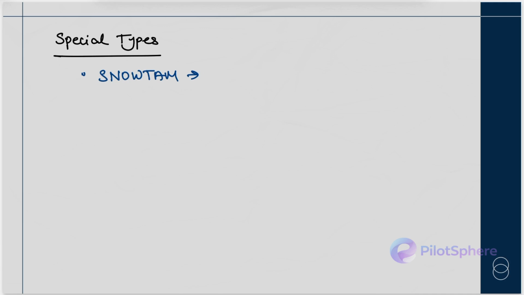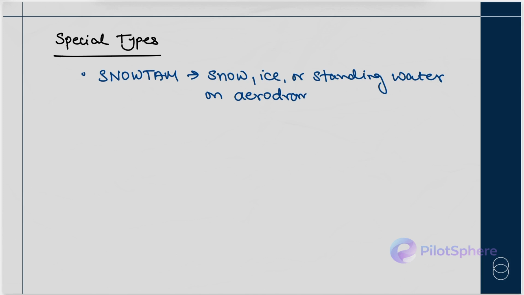A SNOTAM is when snow, ice, or standing water or whatever paper is reported by AIS. It does not mean you cannot take off or land, but you still can. Just have to exercise appropriate caution.